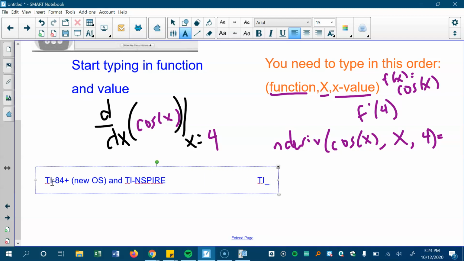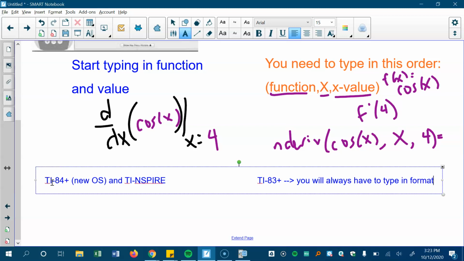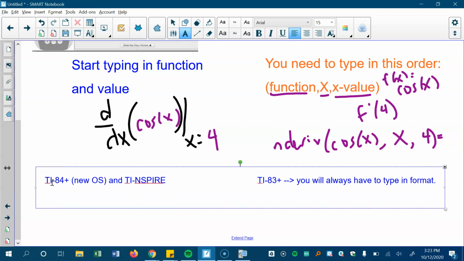If you have a TI-83 Plus, you will always have to type it in that format. If you have a TI-84 Plus and you're still getting the screen on the right, that means you need to upgrade your operating system.